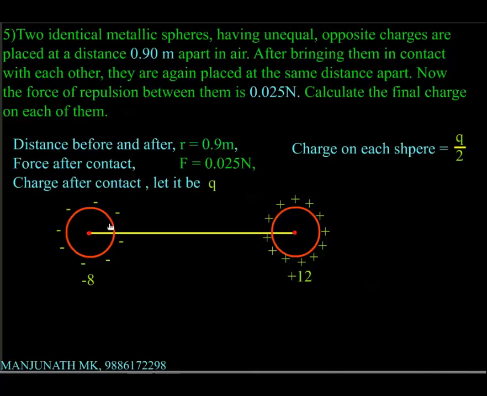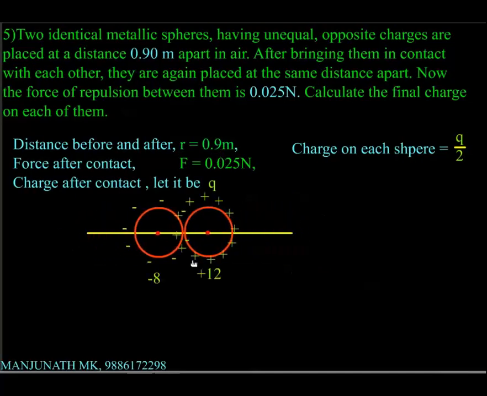Now they are brought in contact like this. So when they are in contact, these negative charges get neutralized with these positive charges. Suppose this is minus 8. 8 of positive charges and 8 negative charges get neutralized. Remaining 12 minus 8, it is 4.